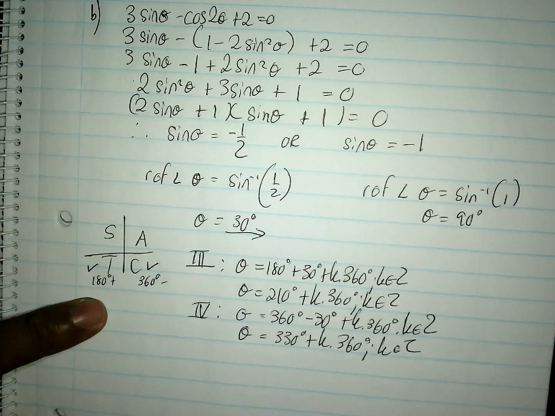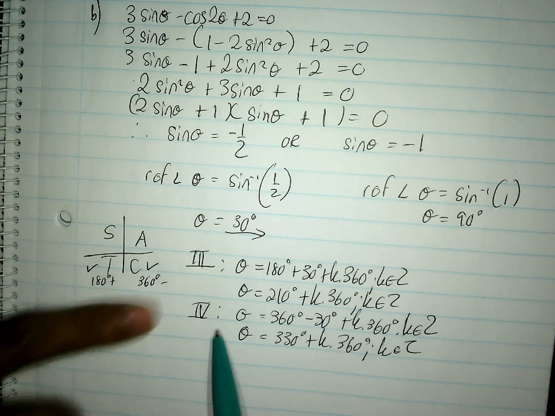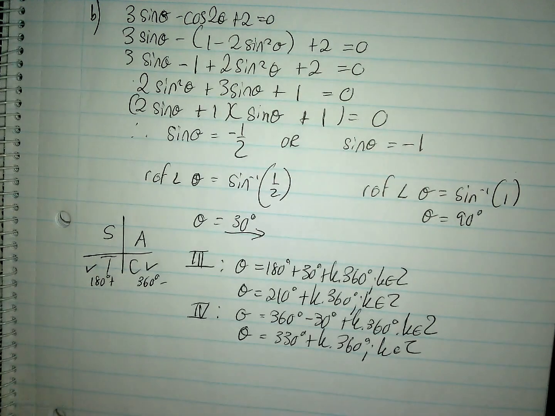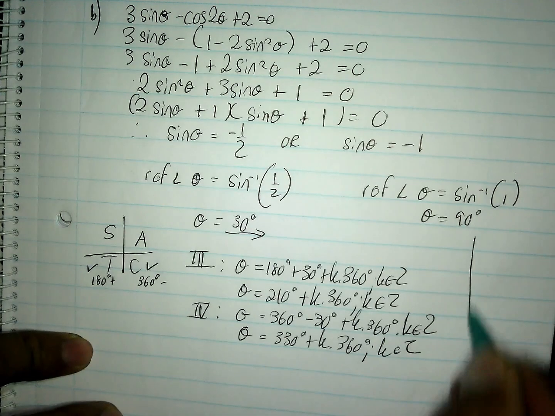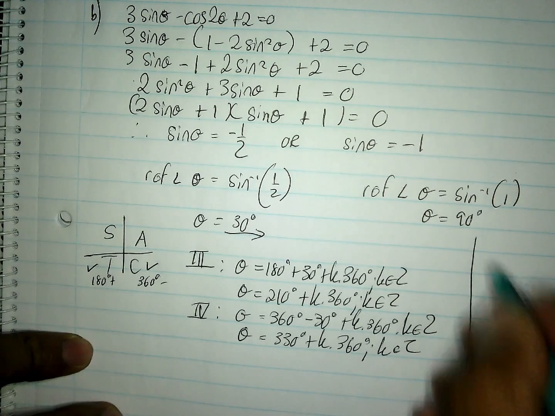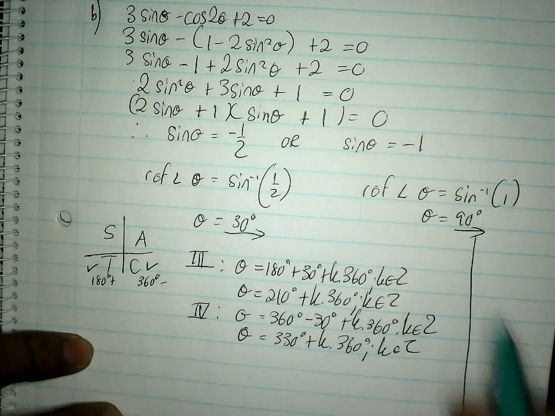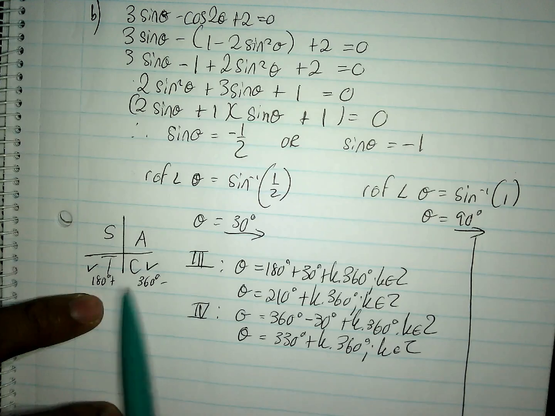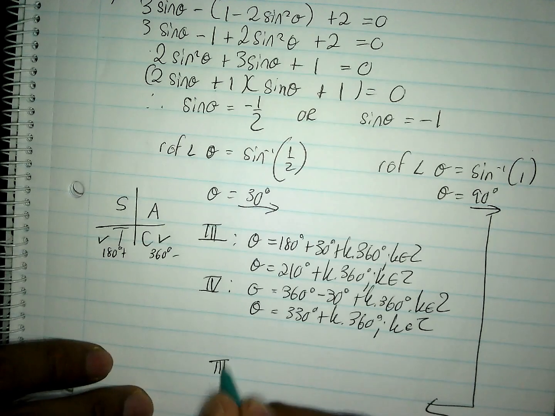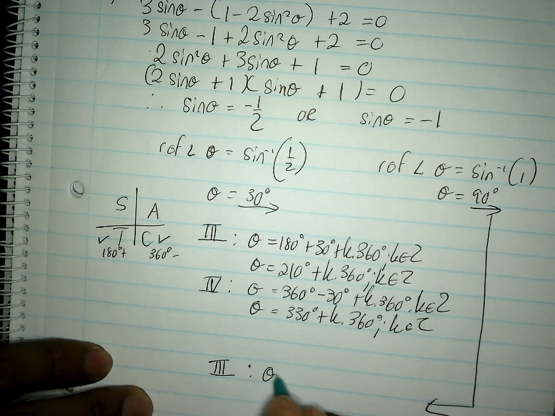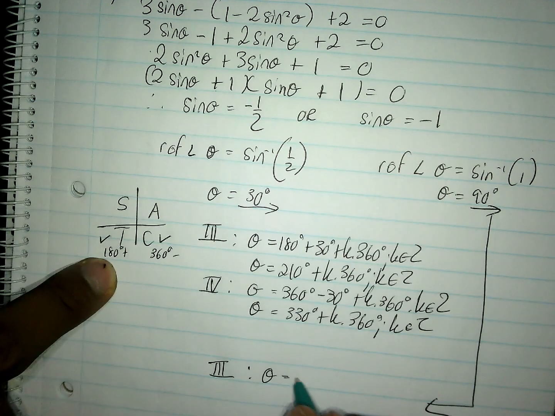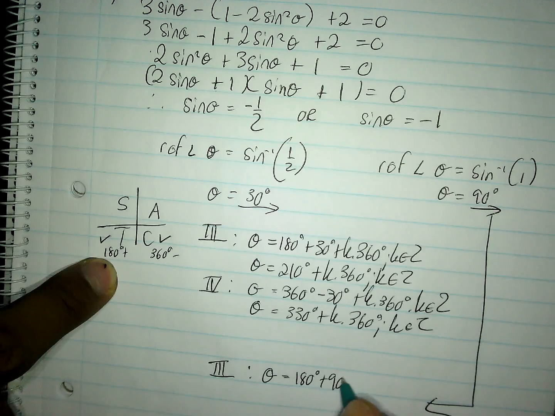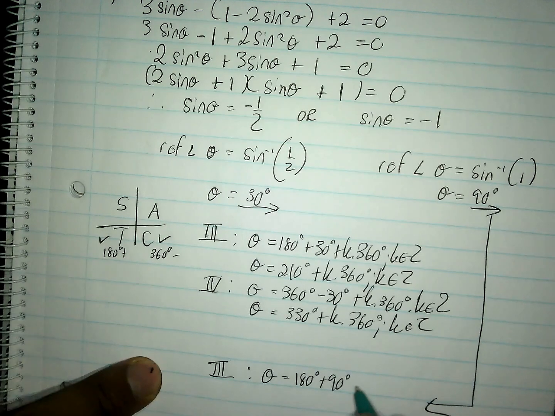So this is the general solution for sine theta equals negative 1 over 2. Now, when we are doing sine theta equals negative 1, it's the same thing, so it still applies to the same quadrants, the third and the fourth. So theta is equal to 180 plus 90 degrees, then plus k 360.